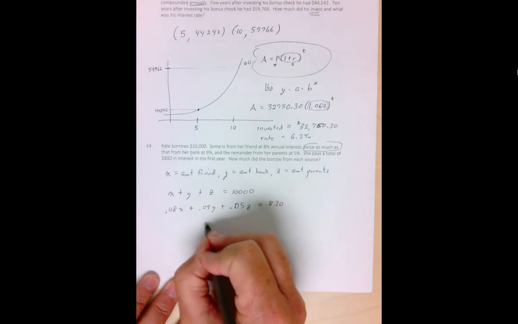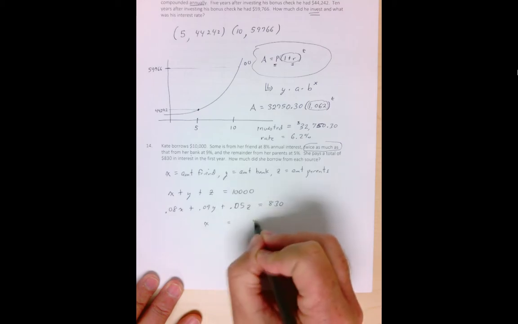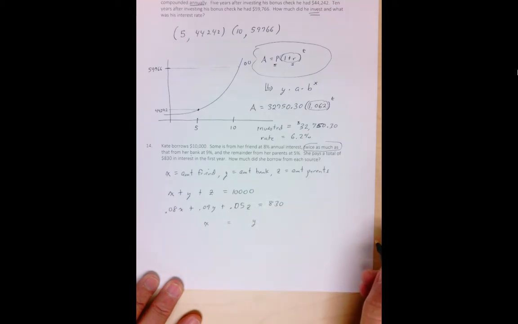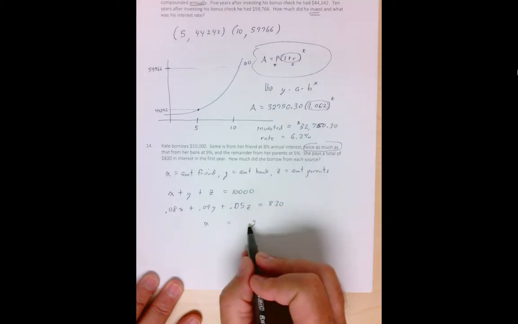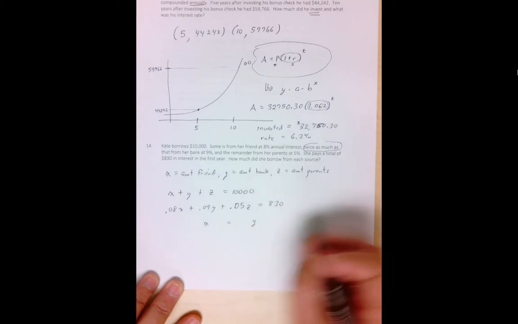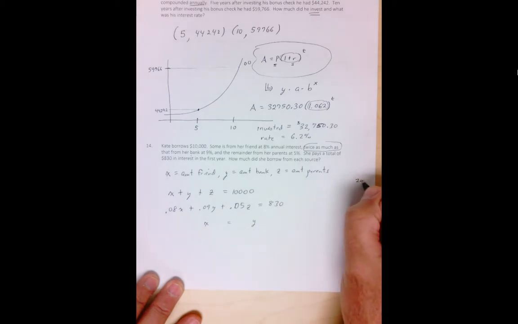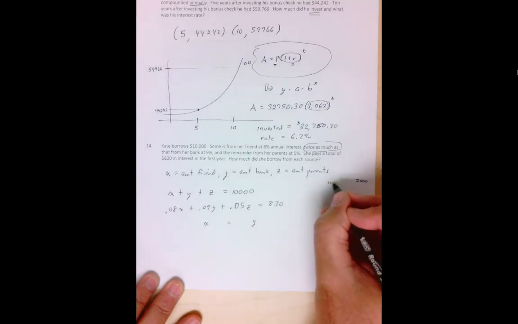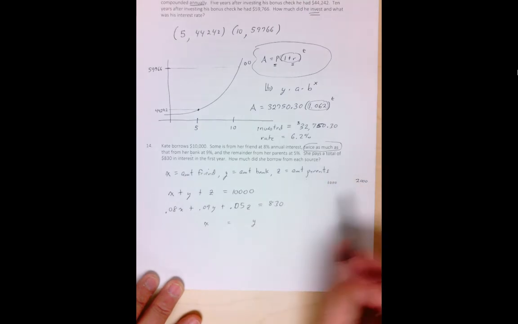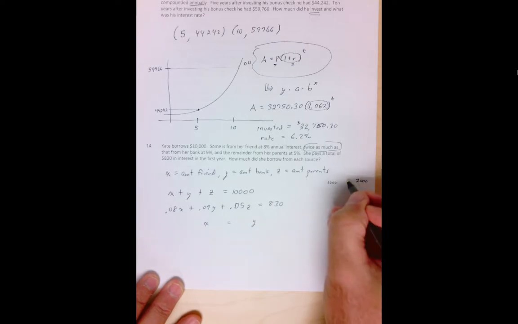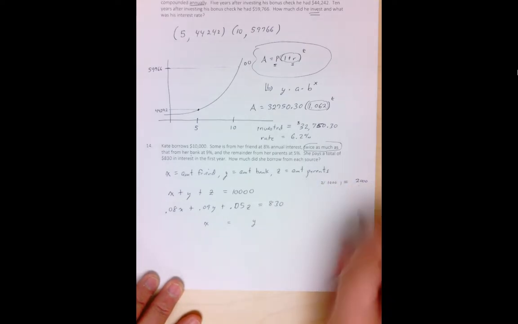So we know that we've got some relationship between X and Y. Let's think it through. Say she's got $2,000 borrowed from the bank, and $1,000 from her friend. So twice as much is over here, but when I make those two things equal, I have to multiply the smaller by 2.